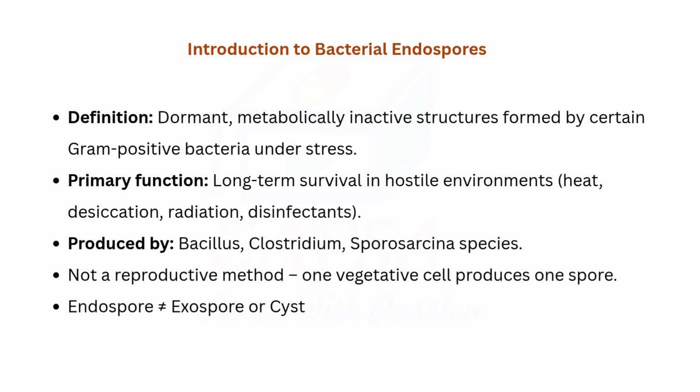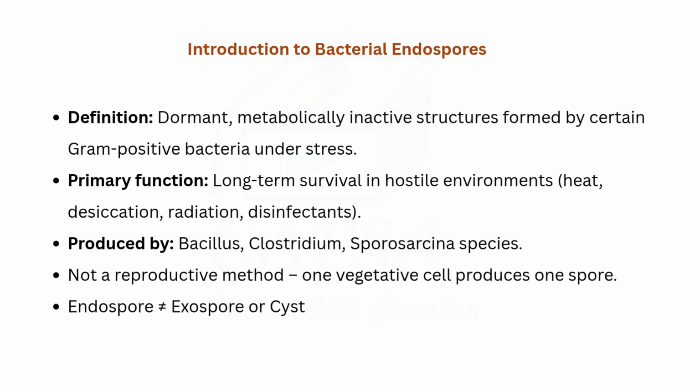Let's begin by understanding what an endospore really is. In simple terms, an endospore is a highly resistant dormant structure formed by certain bacterial cells when faced with environmental stress. It is essentially the bacterial cell survival capsule, built to withstand conditions that would otherwise be lethal to ordinary cells.